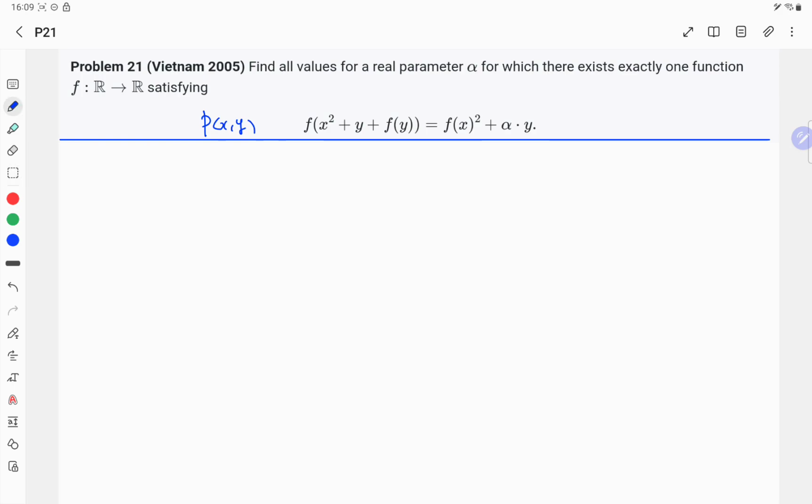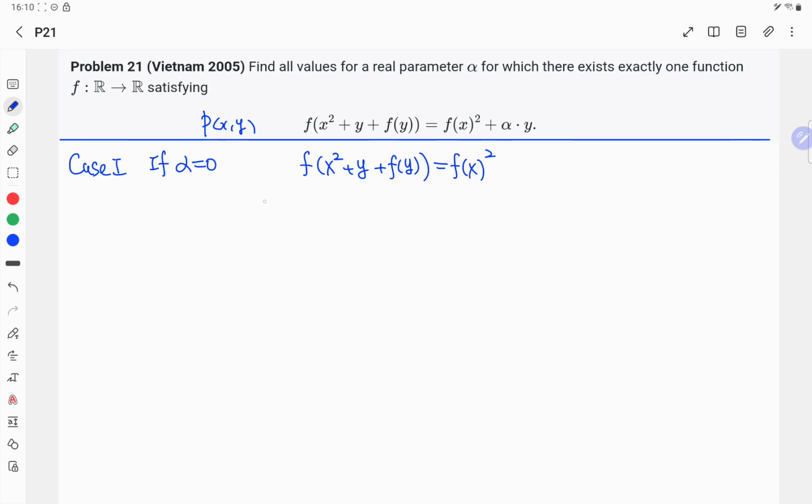The first case will be if alpha equals 0, because if alpha equals 0, the term vanishes itself. So the original functional equation becomes f of (x squared plus y) plus f of y equals f of x, quantity squared. We can see there is no alpha term anymore.